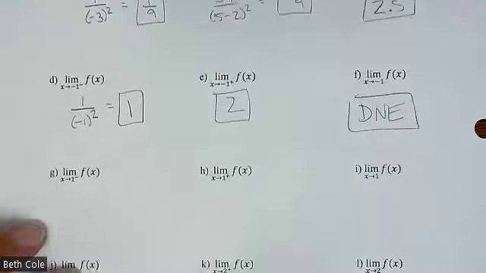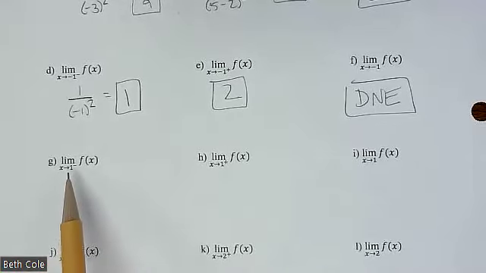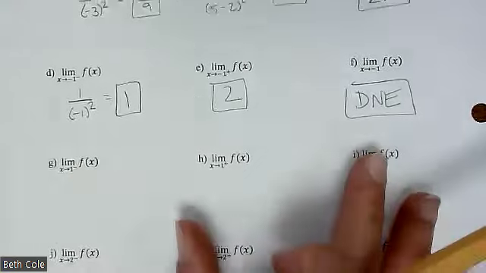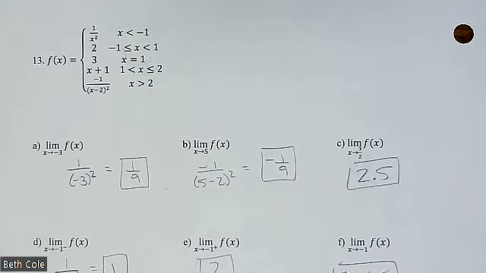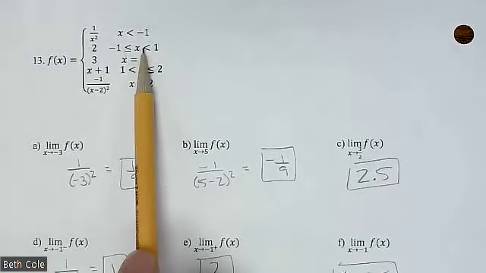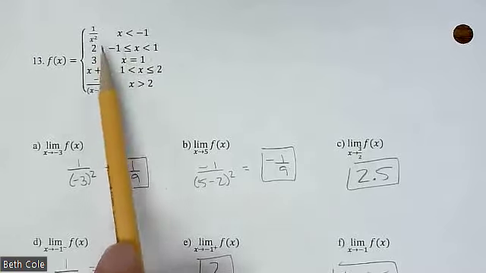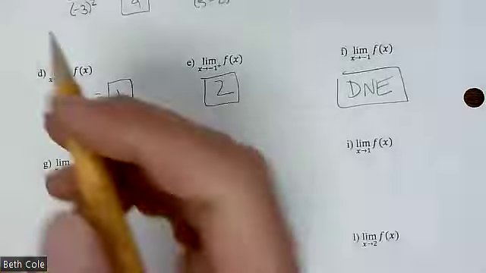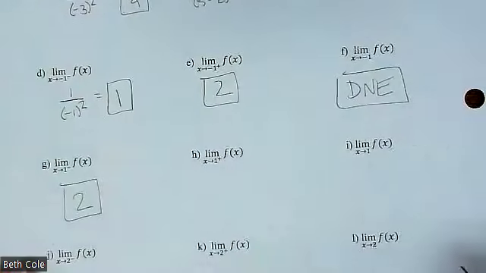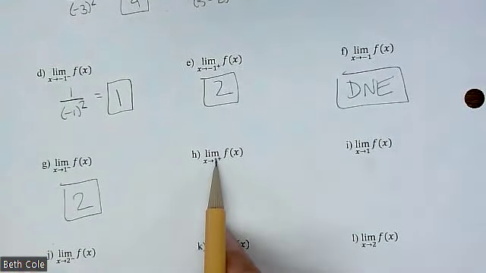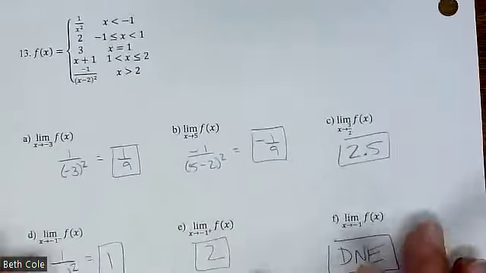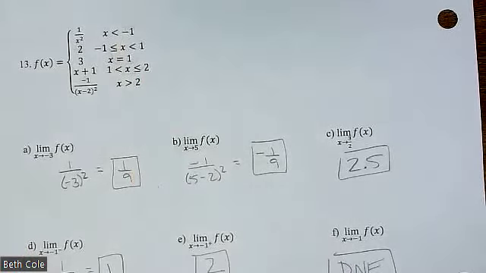Let's try it again. Now we're going to approach +1 from which side? The left. Okay, so which piece of this involves numbers to the left of +1? The second one. Do you see numbers smaller than 1? Now there's nothing to plug in there. It just comes out to 2. Now you want to approach 1 from the right. So which piece of this involves numbers to the right of 1?